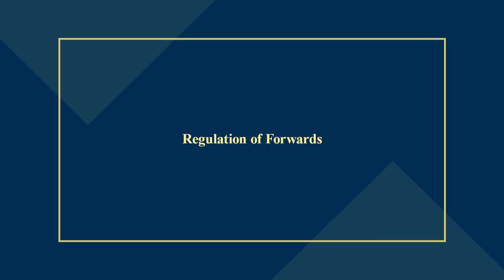Now the regulation of forwards under the Act. The central government, by notification dated 27 June 1969, that is the 1969 notification, issued under Section 16 of the Act, which empowers the central government to prohibit certain contracts in specified securities, sought to restrict forward contracts.